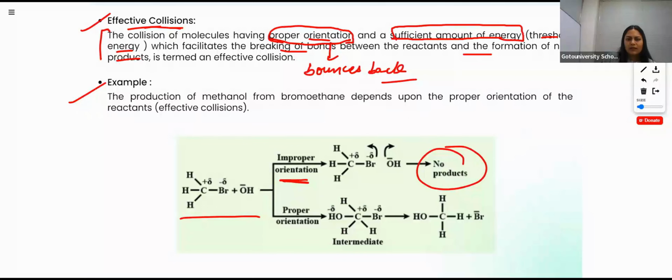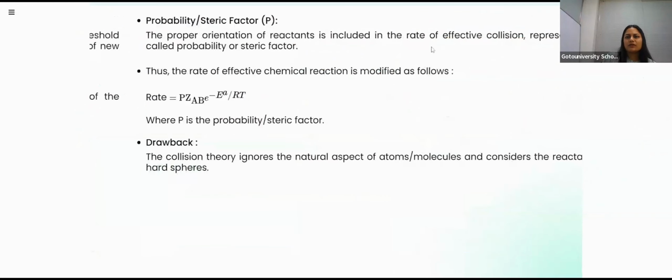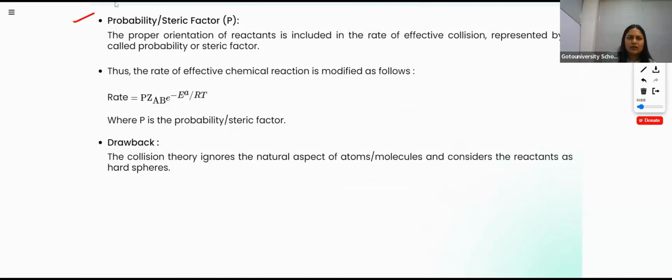Here we have proper orientation, where an intermediate forms in the reaction and we can get the product with a sufficient amount of energy. This is the production of methanol from bromomethane, which depends on the proper orientation of reactants for effective collisions.